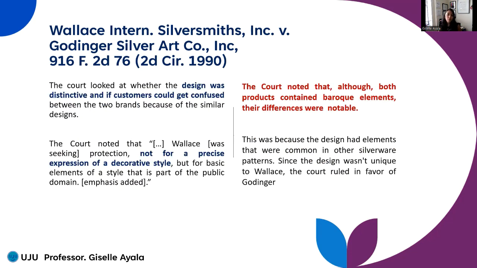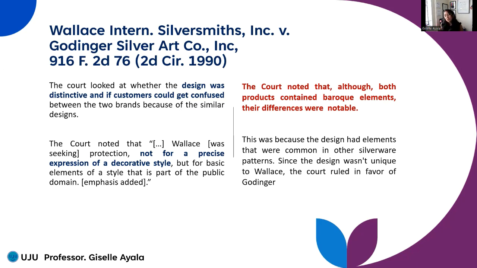Additionally, the court also noted that yes, the plaintiff's design was distinctive. However, the specific features of the product were not enough, and the similarity with the defendant's were not enough to actually demonstrate a likelihood of consumer confusion. The court explained that even though the product design was similar, there were notable differences between them.